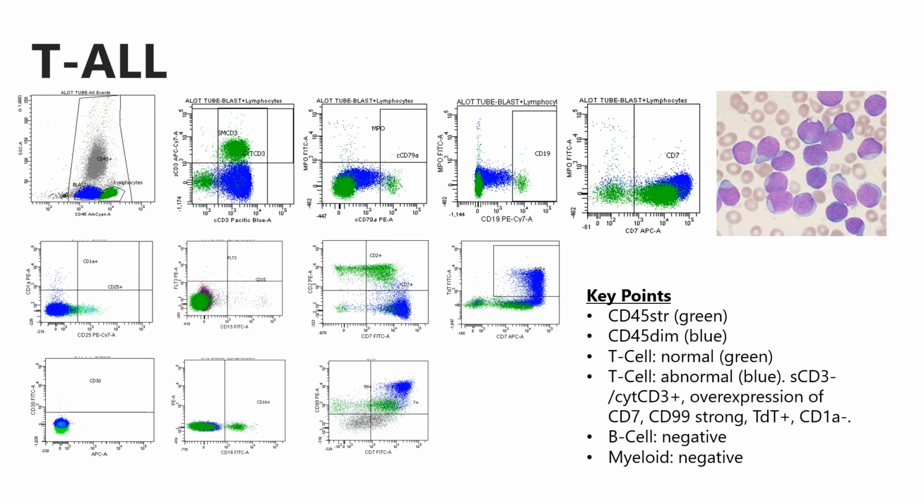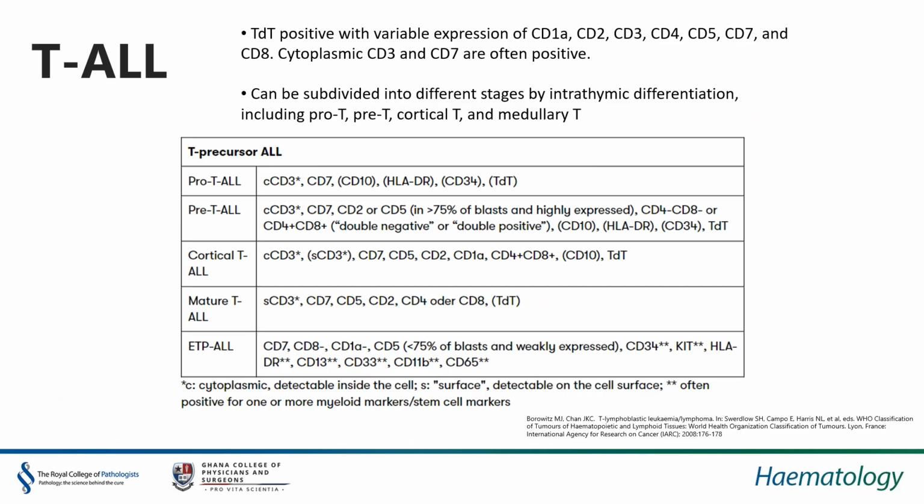So this was taken from Mike Borowitz's publication and is also referenced in the WHO, the World Health Organization guidance on hematological malignancies. And this, again, quite nicely characterizes our cells as to whether they're pro-T cells, pre-T cells, cortical, mature, and then our ETP, or early thymic progenitor, T-cell progenitor ALL cells.